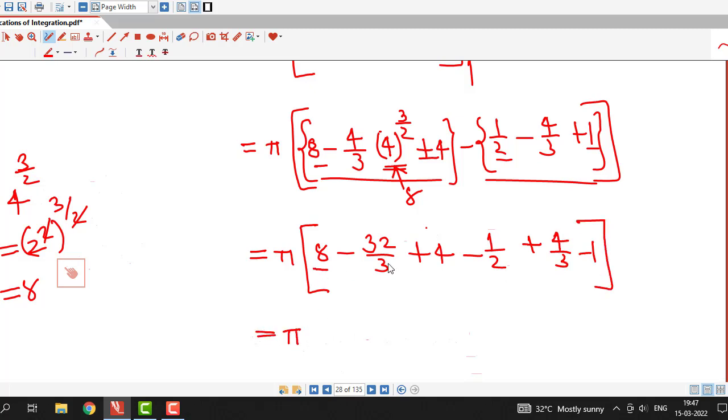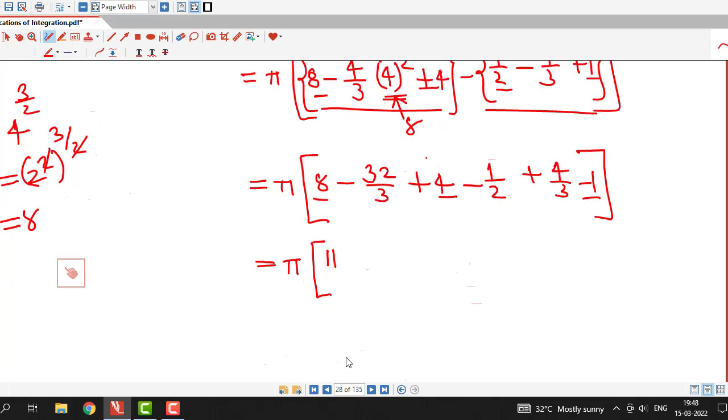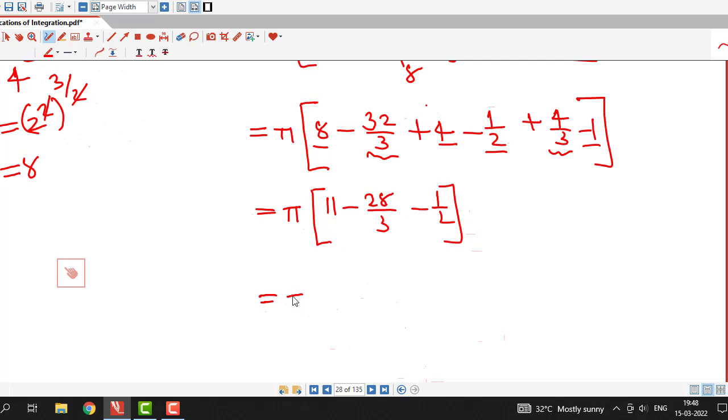Now we combine 8 plus 4, 12, minus 1, that is 11. Similarly we can combine these two. We have LCM as 3, and minus 32 plus 4, that is minus 28 by 3, and this minus 1 by 2. Now again we can take 6 as the LCM.